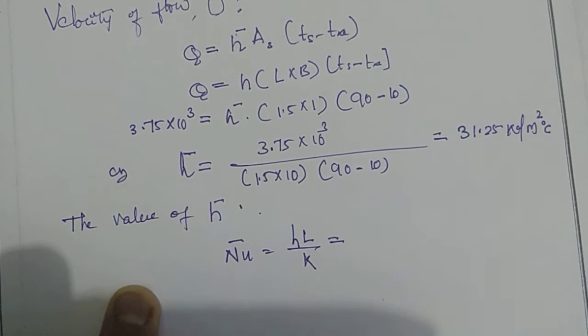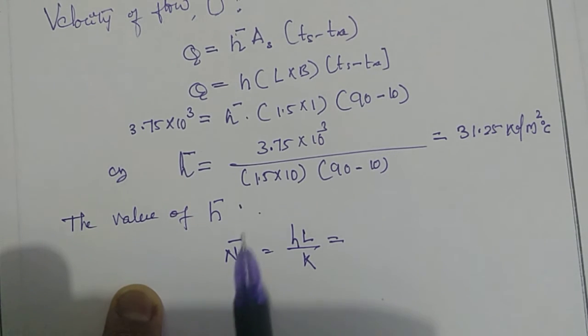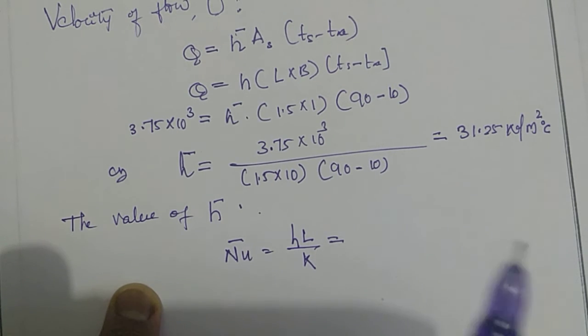So why are we considering turbulent? Because the flow must be turbulent. So if it is turbulent, we have to consider this equation given in the problem, and consider this flow to be parallel to the length of the plate. The flow is parallel to the length of the plate, so we have to choose this equation.